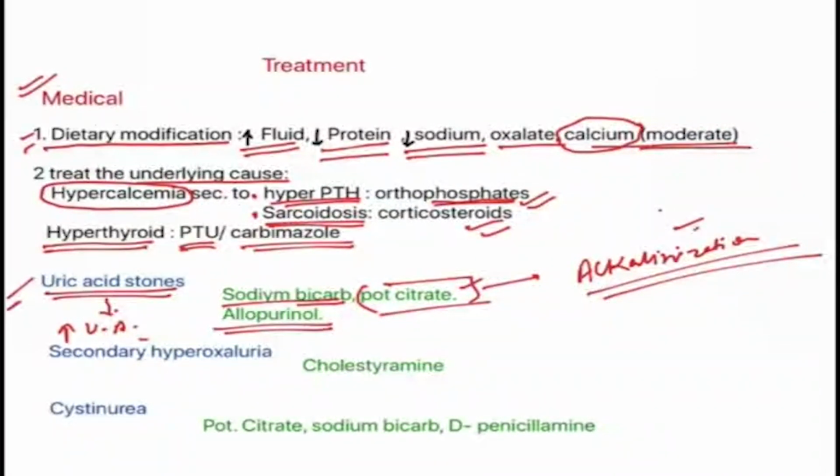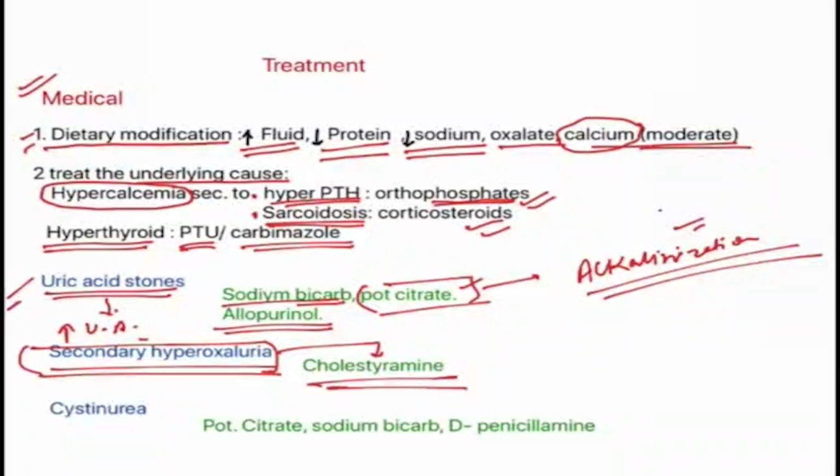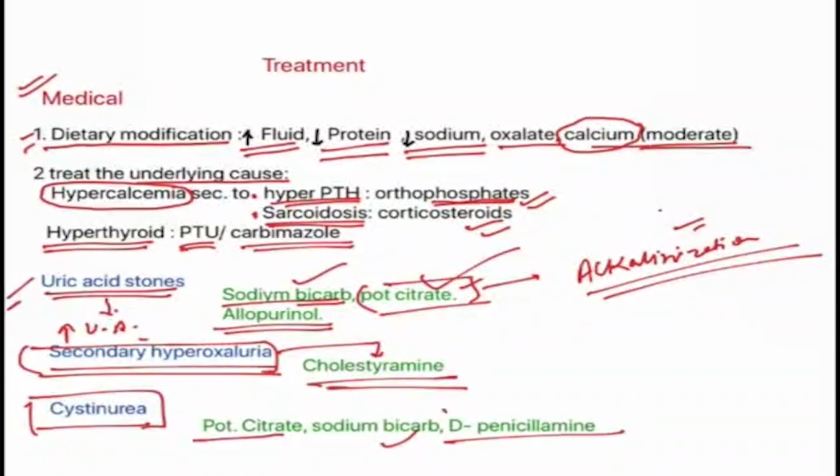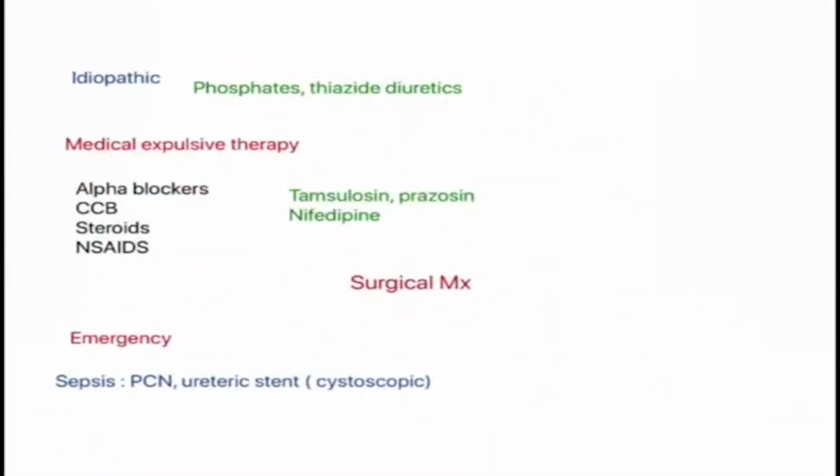Sodium bicarbonate is also used for alkalinization of urine. Then we see secondary hyperoxaluria. This is treated with cholestyramine. Cystinuria, which causes the cystine stone due to an inborn error of metabolism, is treated with potassium citrate, sodium bicarbonate and D-penicillamine.